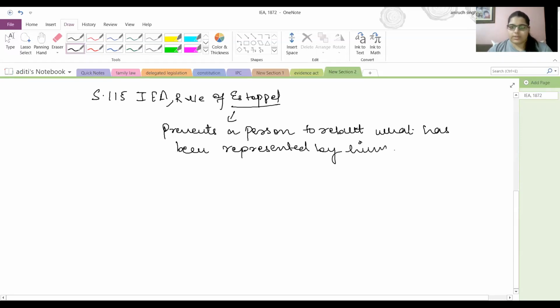Let's suppose that today I am saying that my name is Aditi, right? And tomorrow I am denying the same thing. I'm saying, no, my name is not Aditi, my name is Anamika. So I am contradicting my own words that I said the day before. The rule of estoppel acts as a barrier for a person to deny his own fact, to deny his own statement.